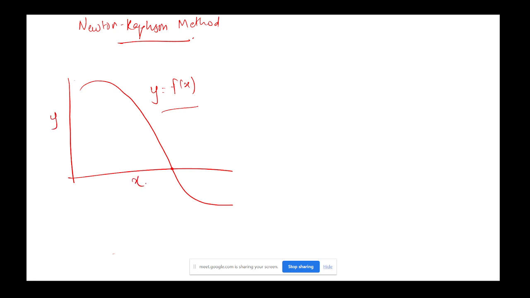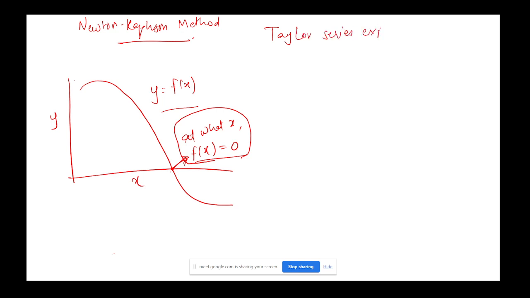This is y, this is x. You need to find out at what x, f of x equals 0. So you need to find out this value of x. How will you find out? What does Newton-Raphson do? It is derived from the Taylor series expansion.